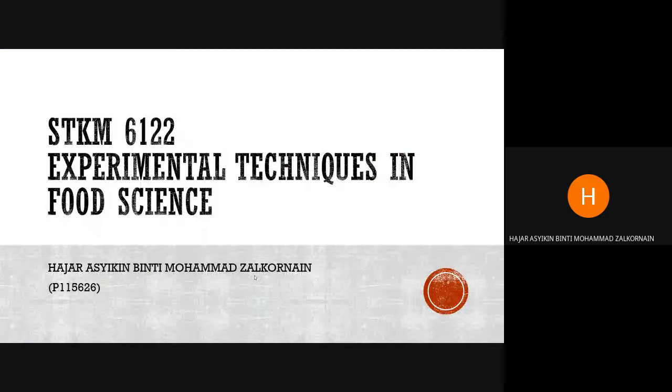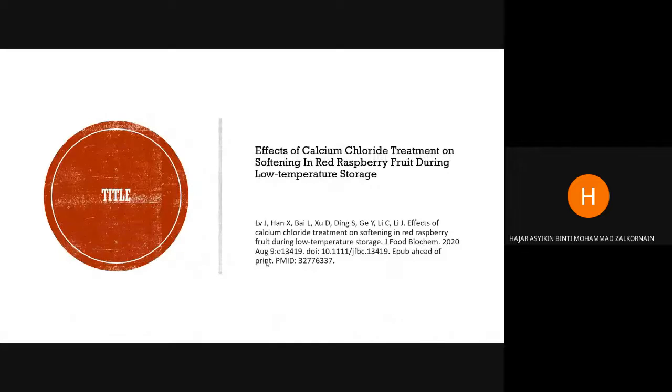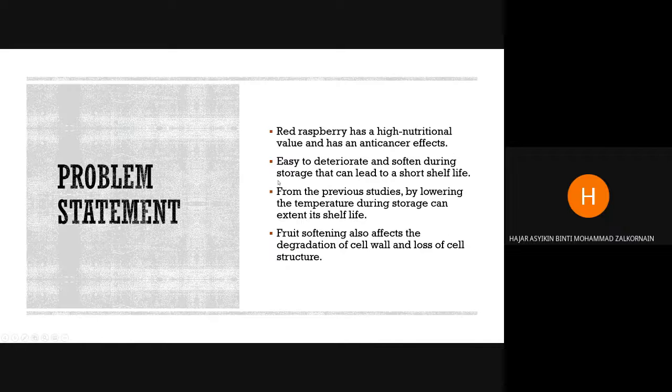Today I will be presenting a topic from a journal about the effects of calcium chloride treatment on softening in red raspberry fruit during low temperature storage. What are the problem statements?